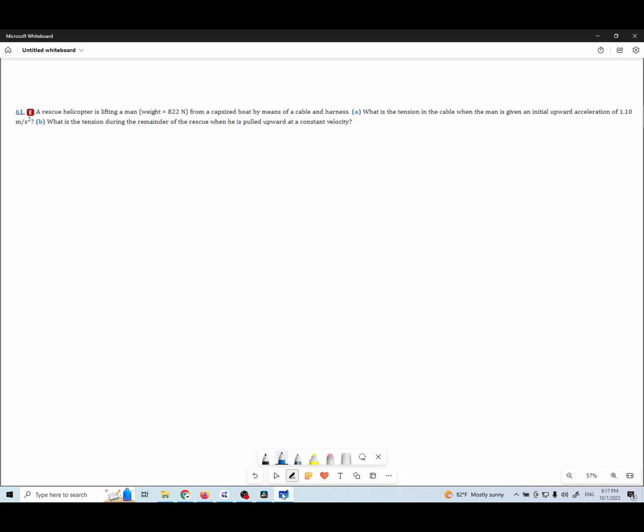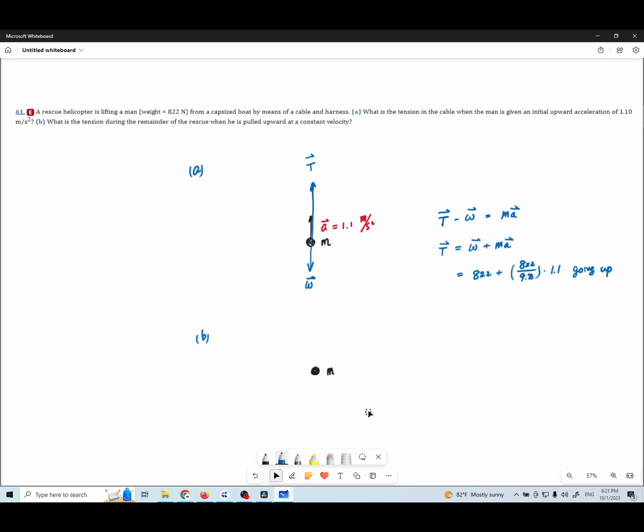Here, the m is the man being lifted, his acceleration being 1.1, which is possible only if the tension T is big enough to overcome the gravitational force W and still have some heft left going up. So T minus mg will be equal to ma. In part B, the man is moving at a constant speed, which means the acceleration is 0. Applying the same equation again, you can easily see that T is equal to mg.